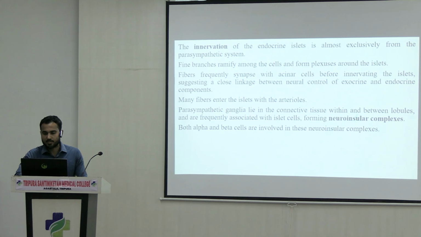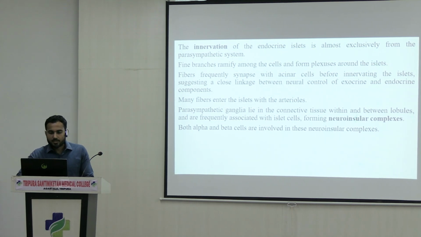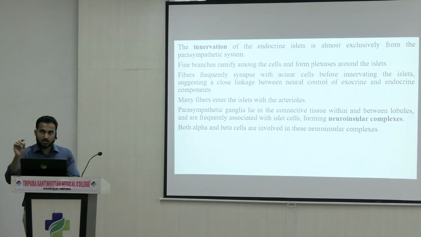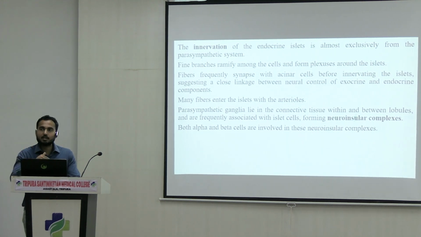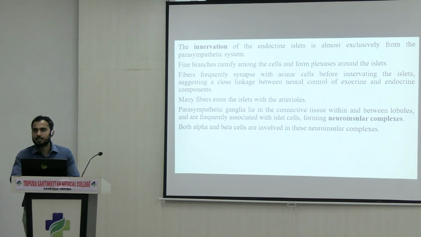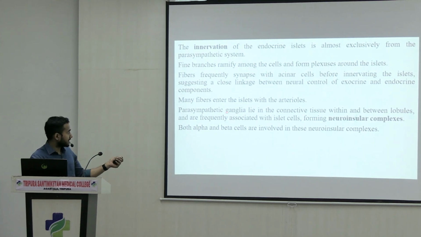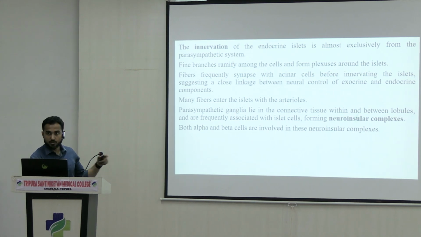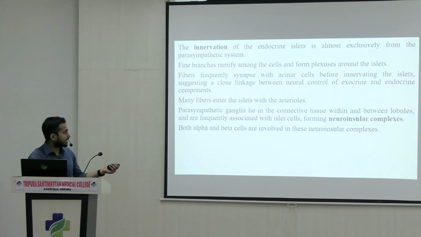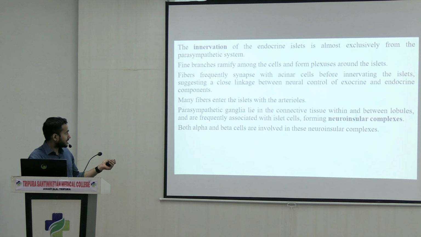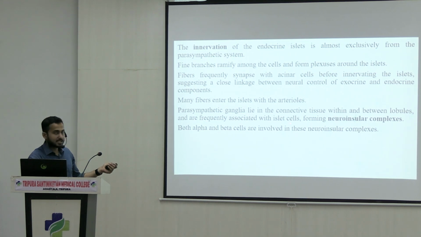After that, the islets. Many fibers enter the islets along with the arterioles. So the arterioles entering the islets carry nerve fibers along with them. Next, the parasympathetic ganglia, which I will show you in the diagram, lie on the connective tissue within and between the lobules, and are frequently associated with the islet cells.